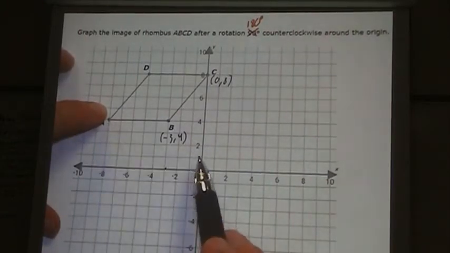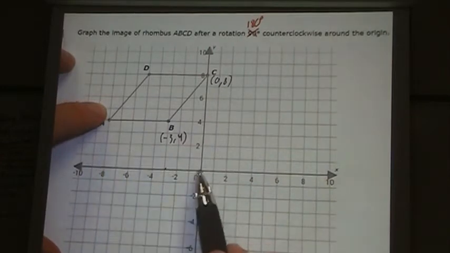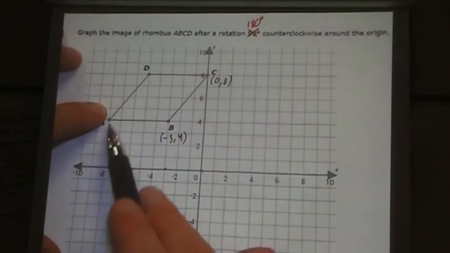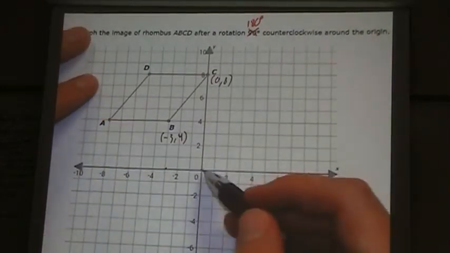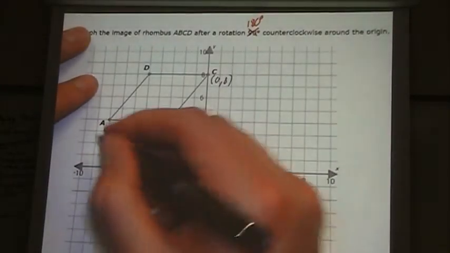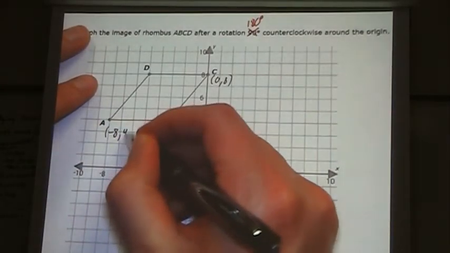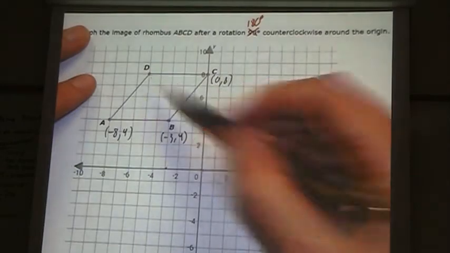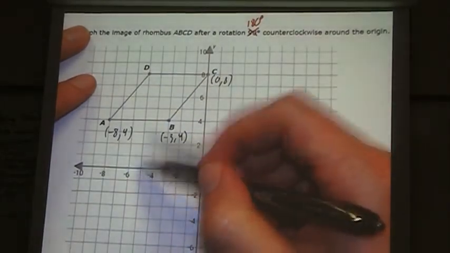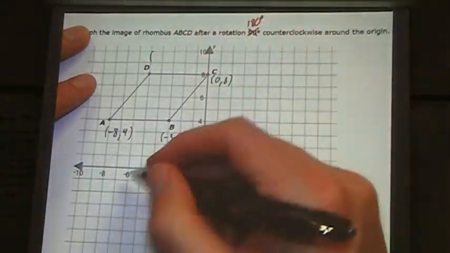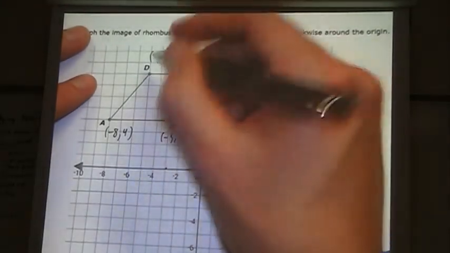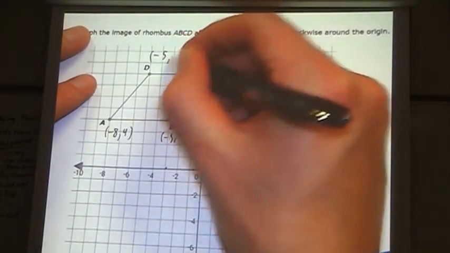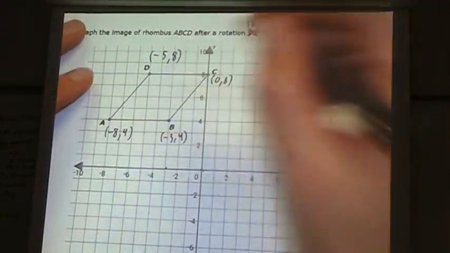But instead of writing left and up, I'm going negative in the X and then positive in the Y. So that'd be -8, 4. And then D for dinosaur, I go left 5, up 8. But instead of left and up, -5, +8. Okay. Here are my values.